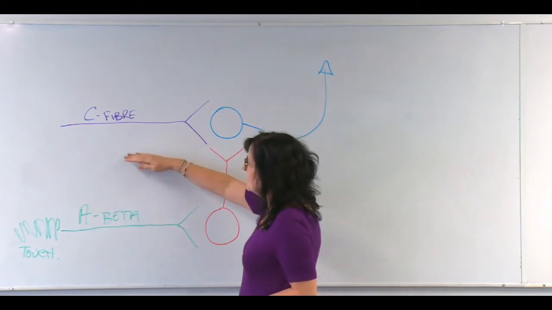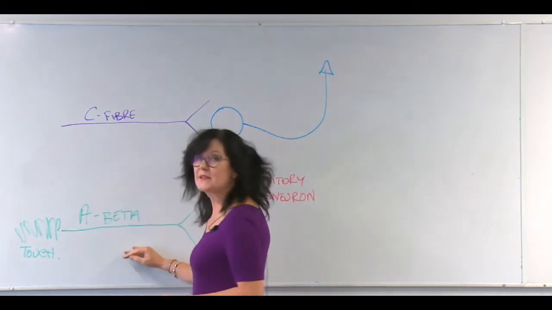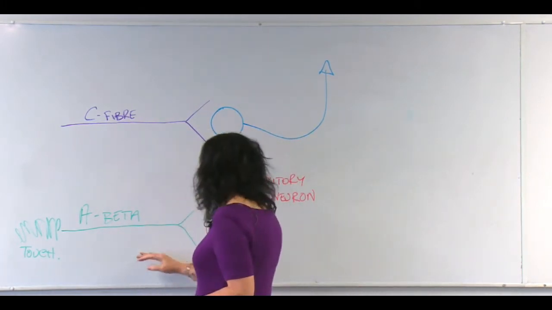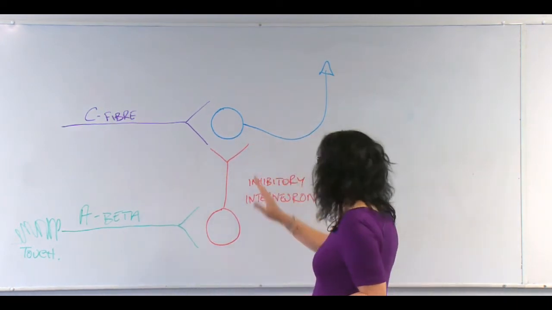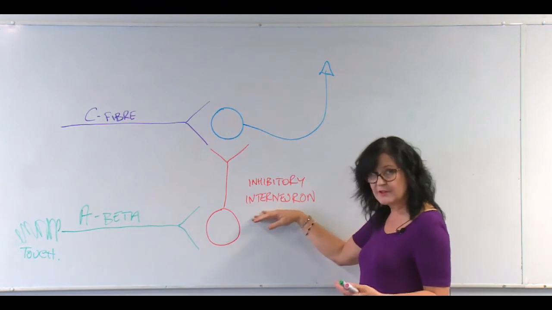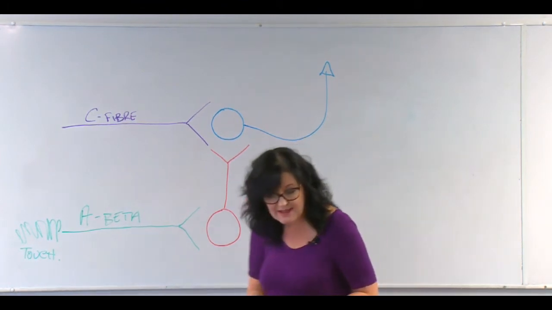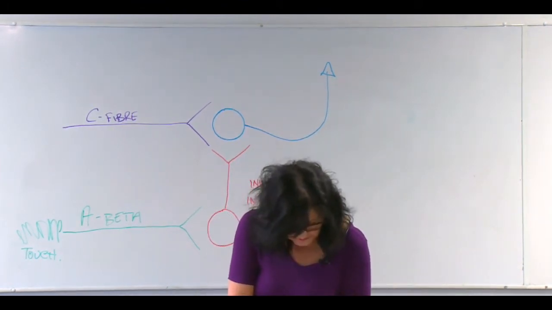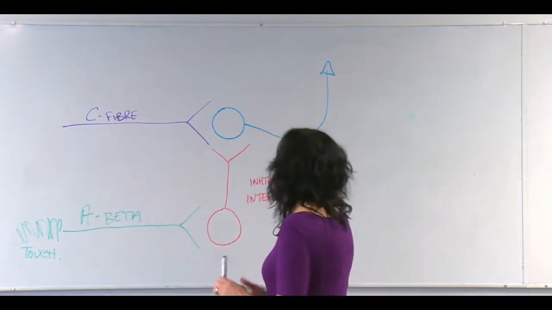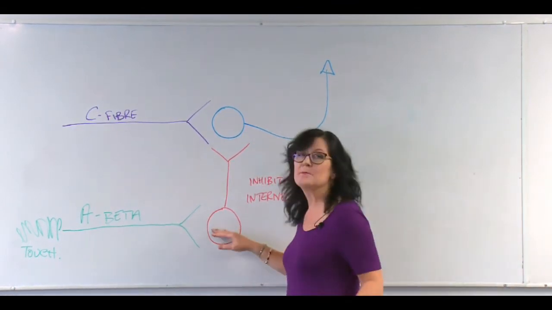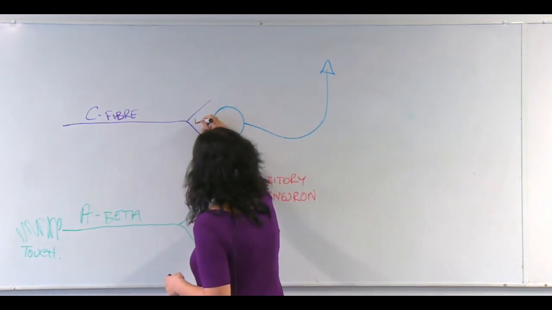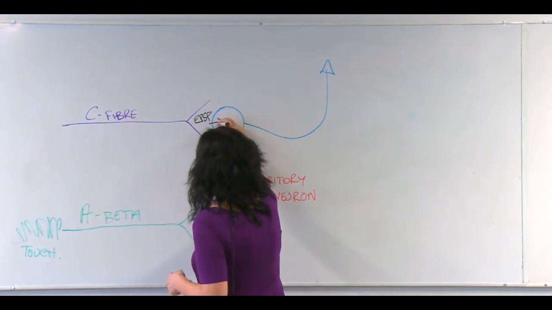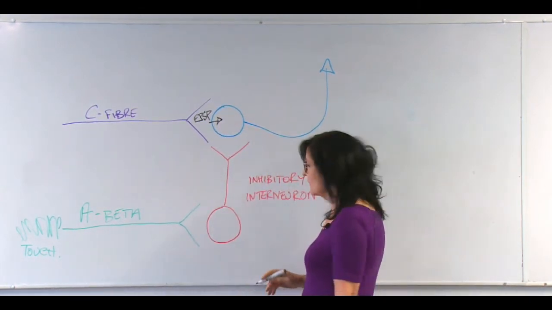So let's think about this. We want our A beta to inhibit this pain pathway via an inhibitory interneuron. Remember, with inhibitory interneurons, what we need to do, we need to stimulate them. So here, our C fibre produces an EPSP in our second order neuron.